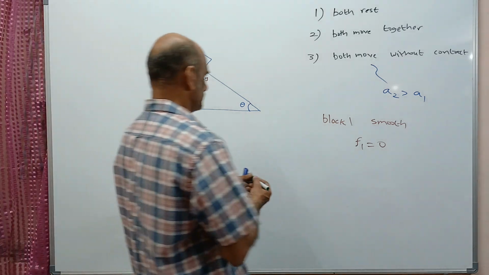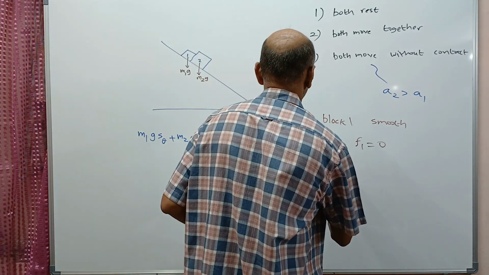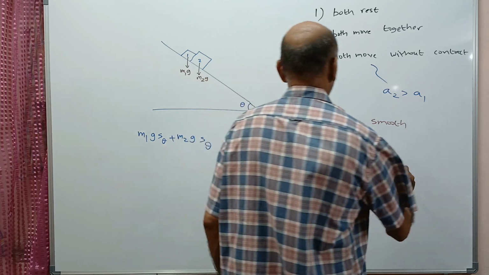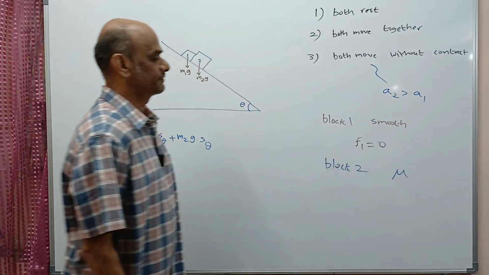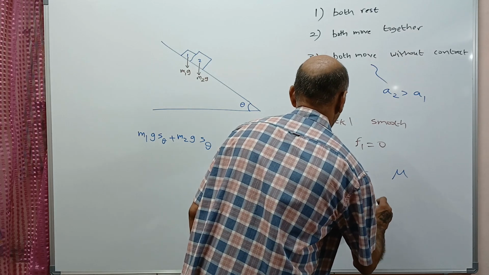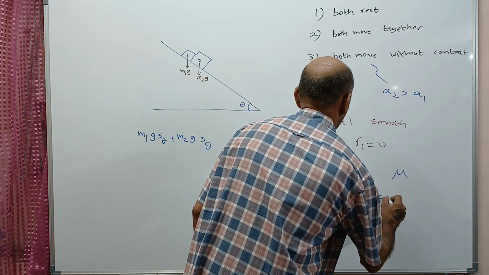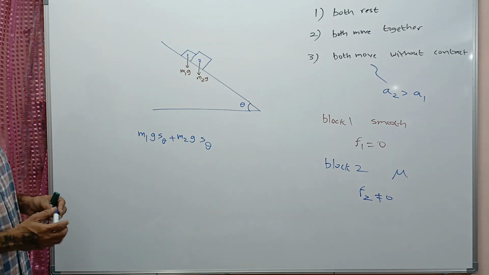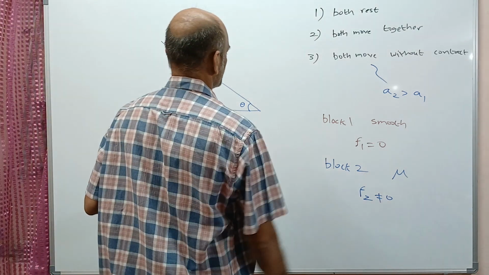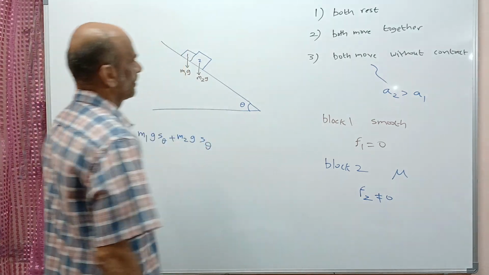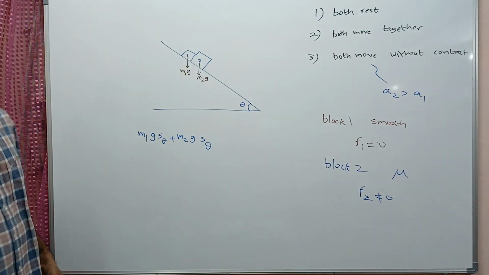And block 2 has got some friction, of some coefficient of friction mu. So F2 is not equal to 0. In this particular case, I have to check whether the blocks will move together or they'll get separated.